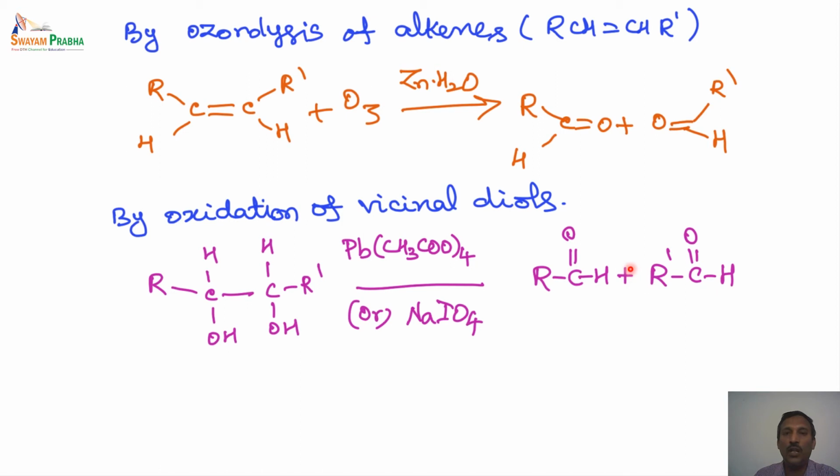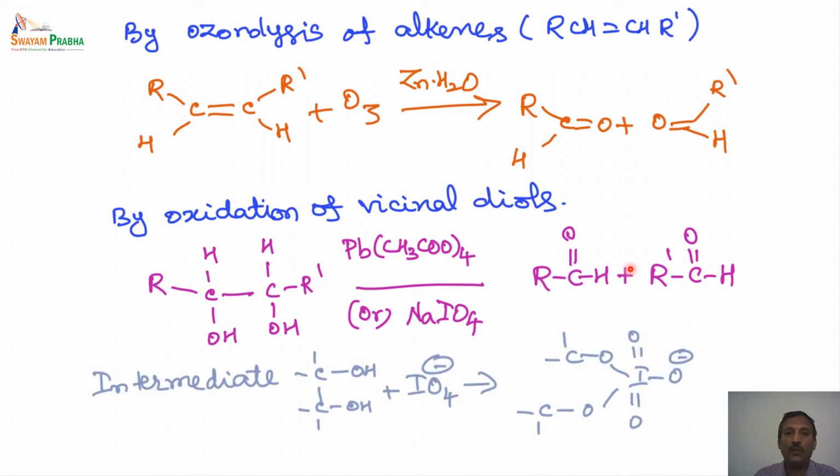So these two aldehydes are produced by the cleavage of vicinal diols. And in the case of sodium periodate, the intermediate formed is shown here. The periodate ion reacts with the diol to produce a hypervalent iodine species, and this undergoes cleavage to produce the corresponding aldehydes.